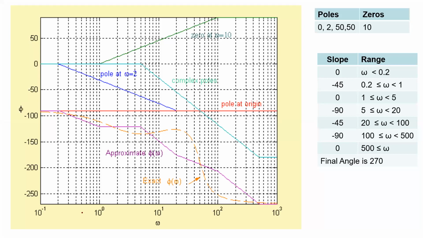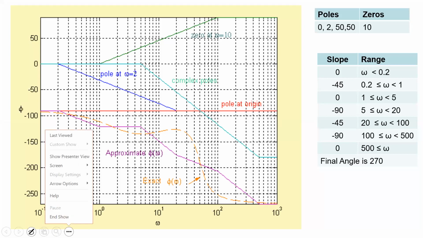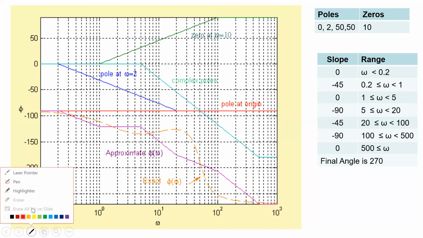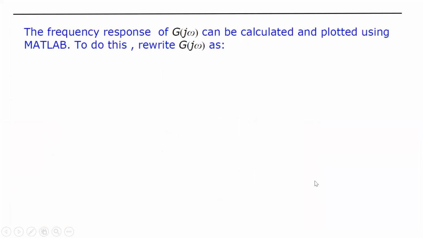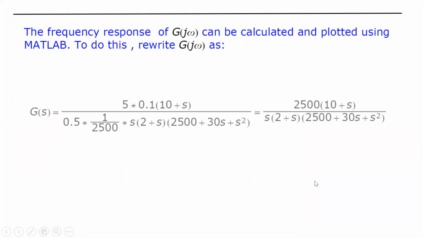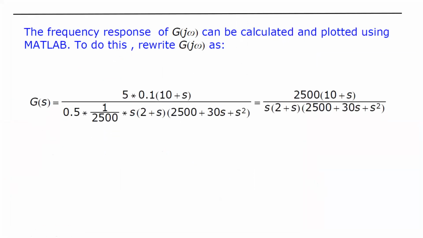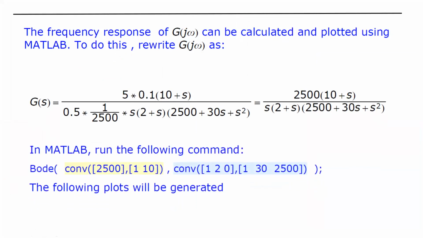Okay, now, as I said, add those together and then you will get your result. If you want to get it by using MATLAB, there is a command called bode over the transfer function.